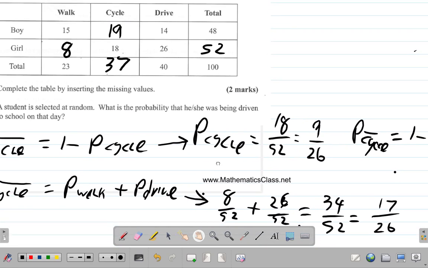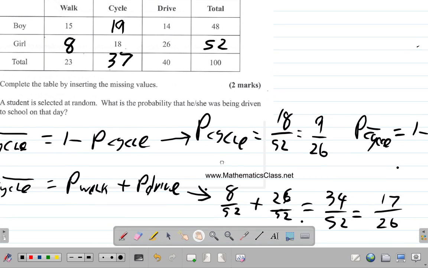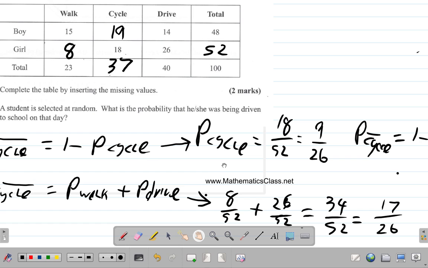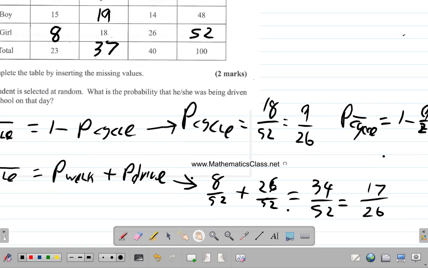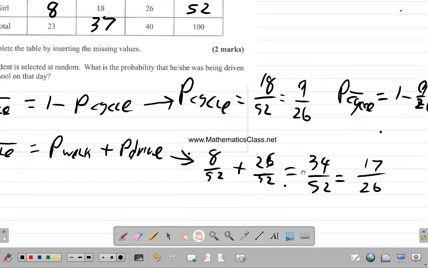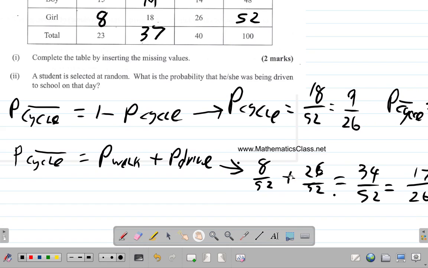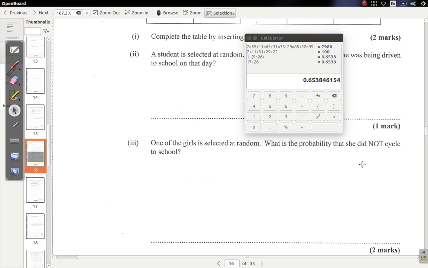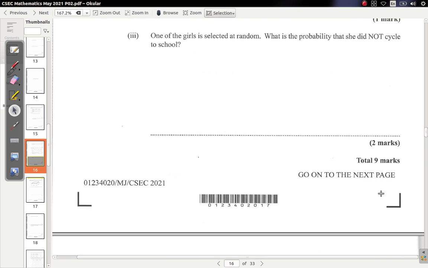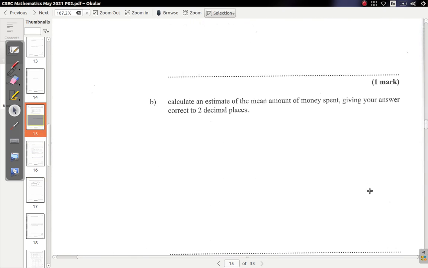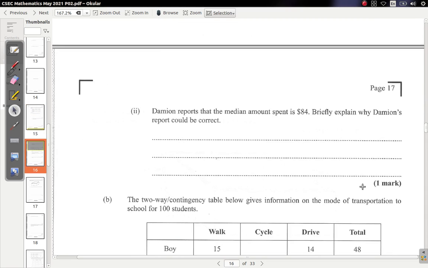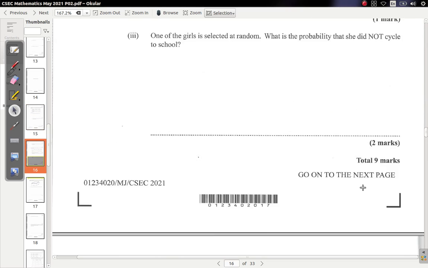Also consider the probability that she did not cycle, meaning the probability that she walked or the probability that she drove. So walk is 8 over 52 plus, that she drove, 26 over 52. And when you add them up, you get 17 over 26. Alright? Any question on that? Just let me know. I think it looks like we are done with question 5. Alright, so that is question 5.